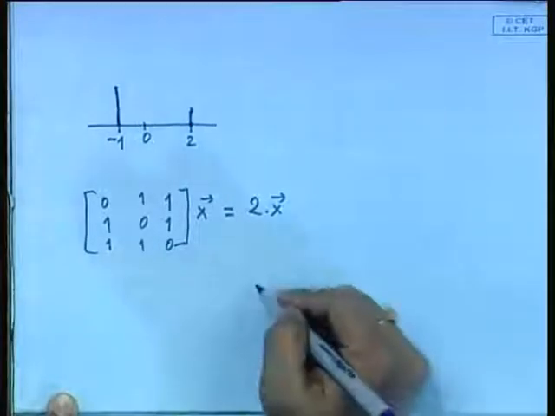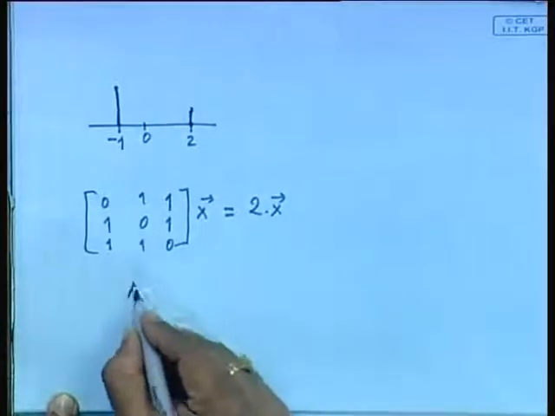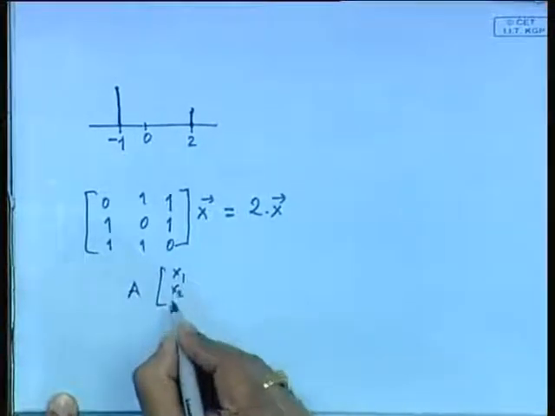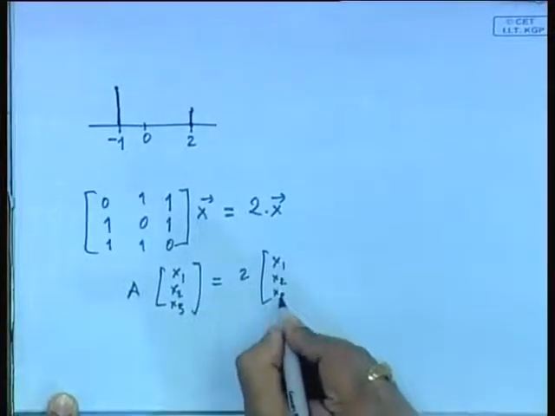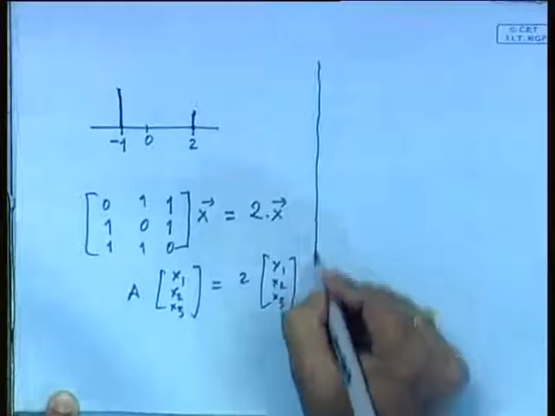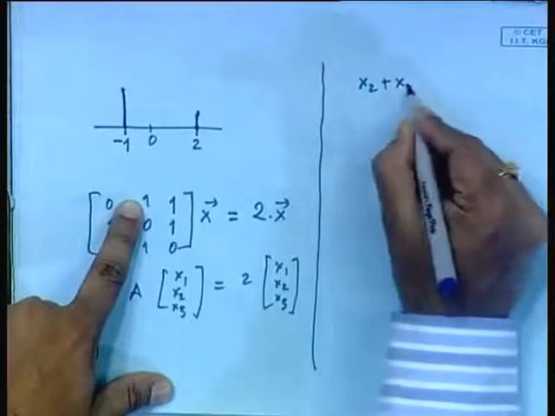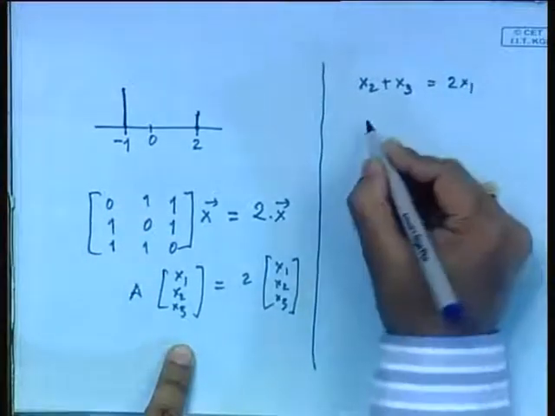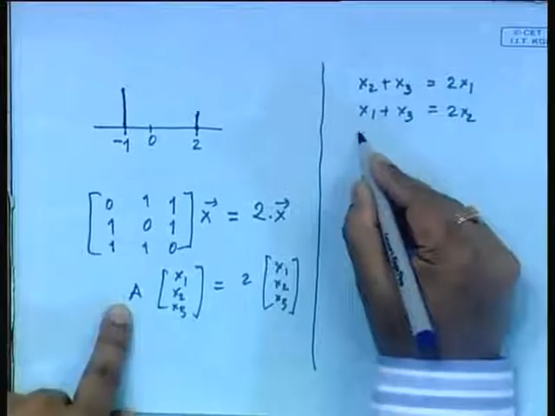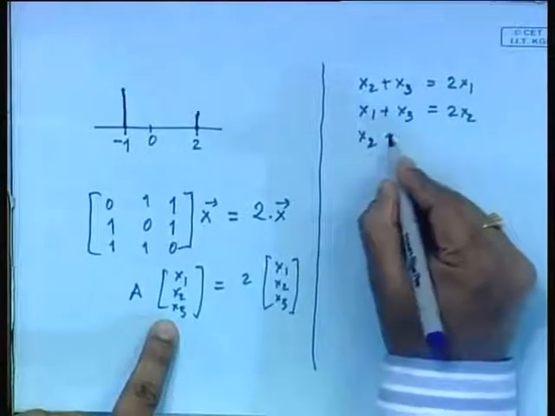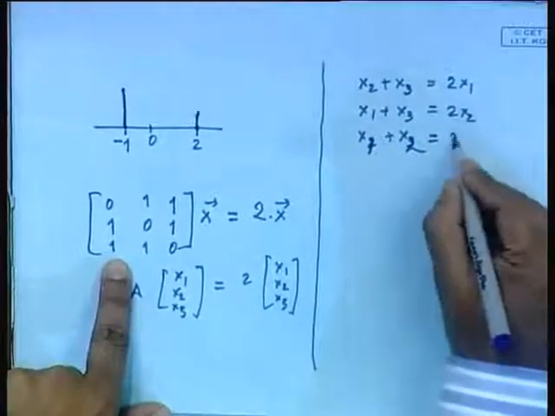So, what happens is you can write x as x1, x2 and x3, and so if this is A, you can write it as x1, x2, x3, and now if you expand these equations, what you get is x2 plus x3 is equal to 2x1, then x1 plus x3 is equal to 2x2, and x1 plus x2 is equal to 2x3.